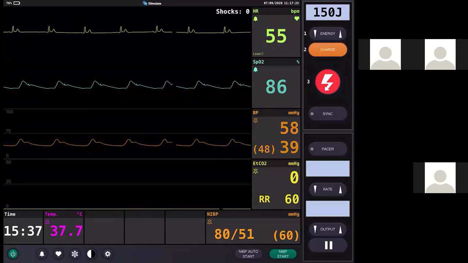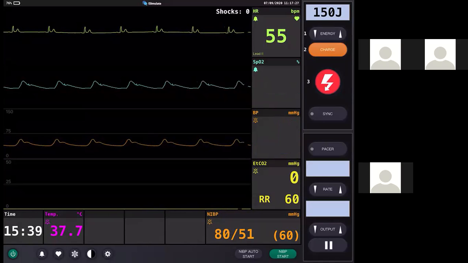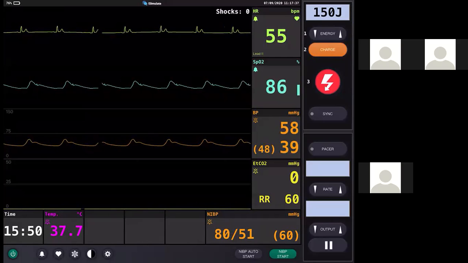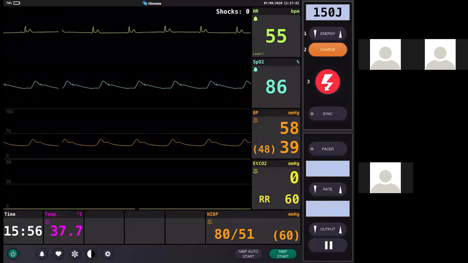Okay, I'm hearing bolus. What kind of bolus would that be? Okay, somebody says normal saline, 10 mils per kilo. What else?